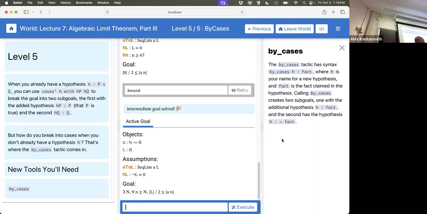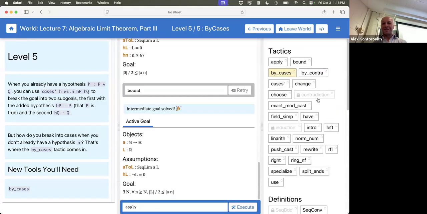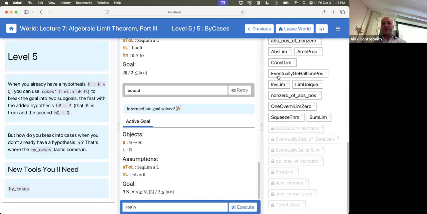And we know that L is non-zero. There's nothing to prove. We already proved this. Let's just quote it. So apply the theorem that was called, what was it called? Eventually greater than or equal to half limit pos. I think it shouldn't be pos, but NE, but whatever, too late now.